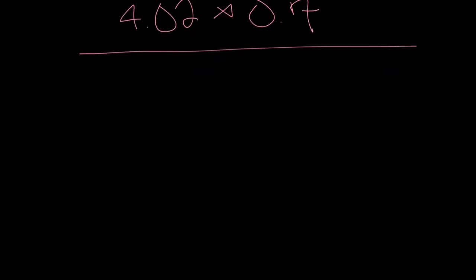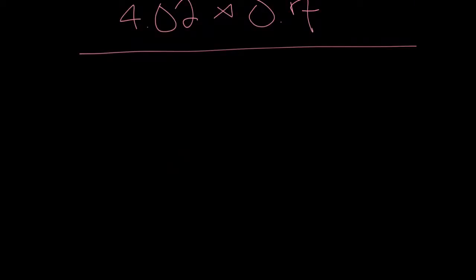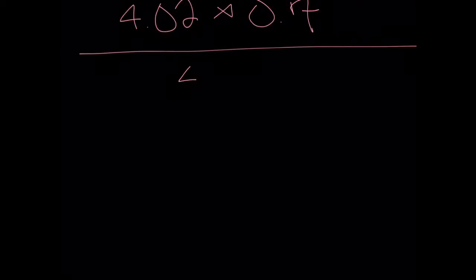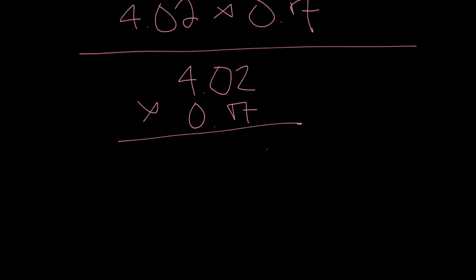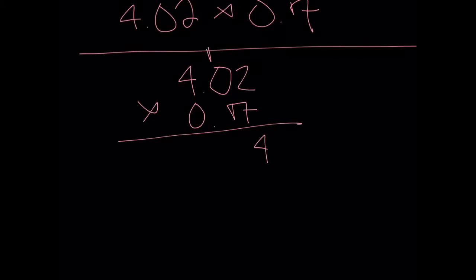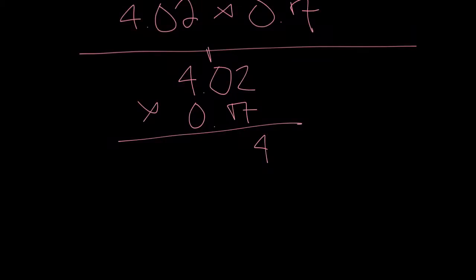Okay, so we're going to learn how to multiply decimals. So with multiplication, it does not require you to line the decimals up. So we're just going to start with 4.02 times 0.7. So 7 times 2 equals 14. Carry the 1. 7 times 0 is 0 plus 1 is 1.